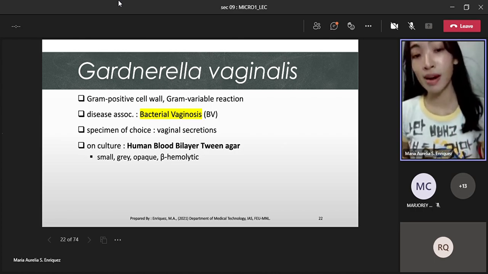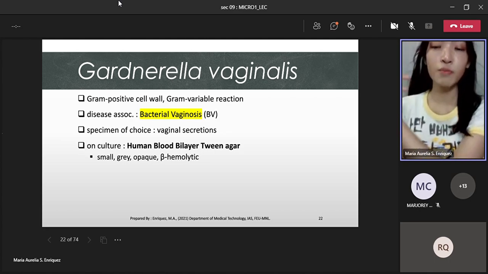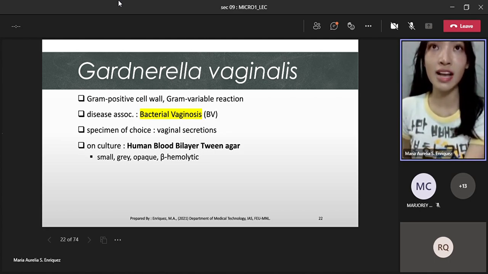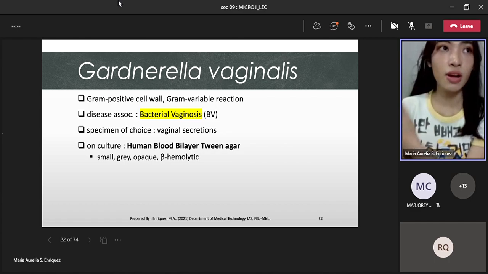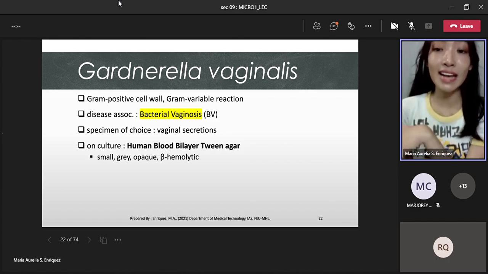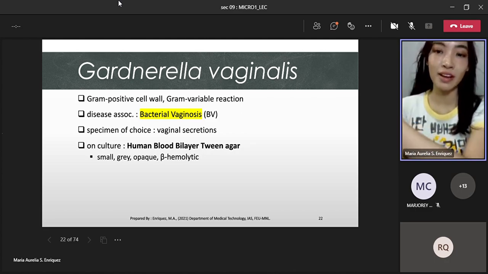So ang mangyayari po in bacterial vaginosis, kokonte yung population ng lactobacillus and aangat yung population ng Gardnerella vaginalis and other bacteria that is associated to BV. Okay? So yun po. After that, tataas na rin po yung pH ng area and it would produce an alkaline pH.